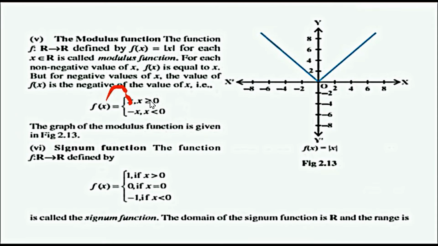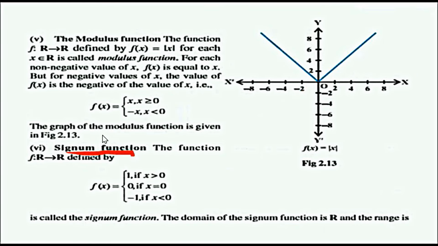So f(x) will be x for x greater than or equal to 0, minus x for x less than 0. So this is the graph, because if you place minus 2, then it is going to give you 2. If you place minus 4 in a modulus, it is going to give you 4. So the graph will be like this. This graph actually has turned up like this. This is the modulus function, because we are not going to negative anymore.